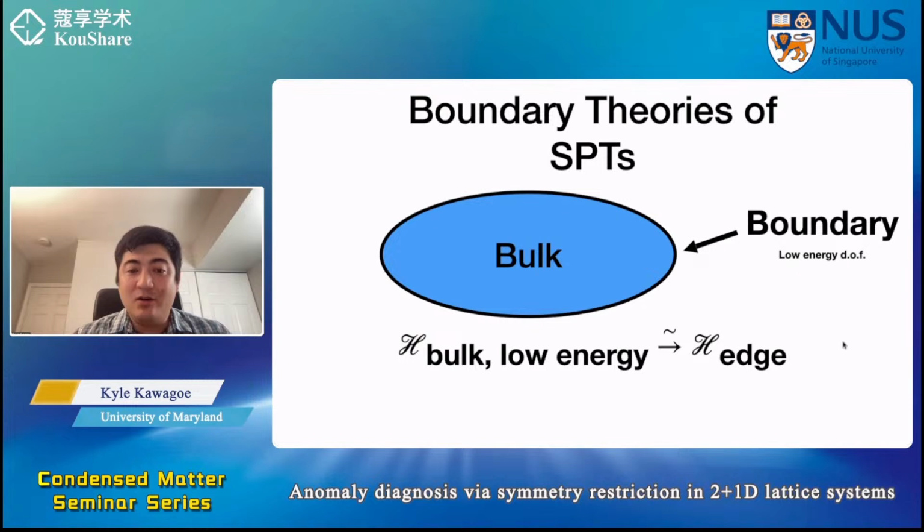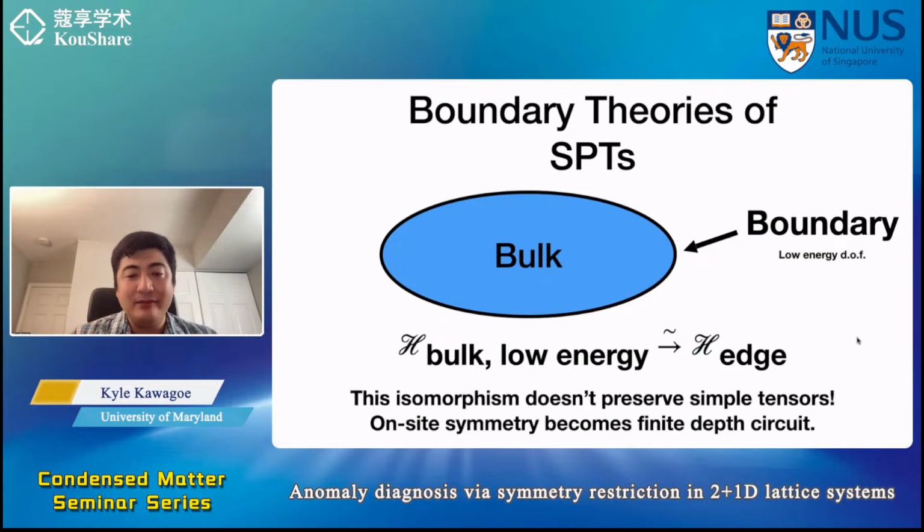Now this isomorphism conserves locality, but only to a point. Suppose the symmetry in your SPT is an on-site symmetry, which will be the case we're interested in. So it's a simple tensor over all the sites. Then what was a simple tensor or product symmetry in the bulk becomes something that's no longer just a simple tensor.